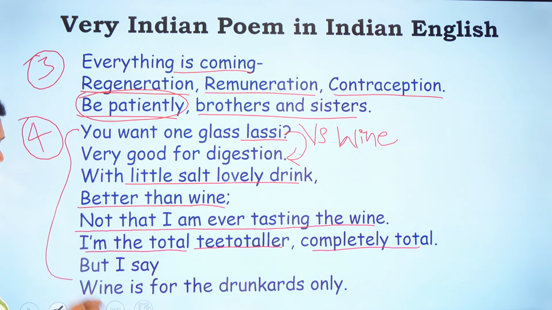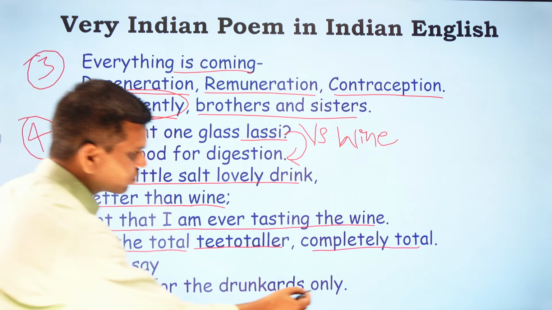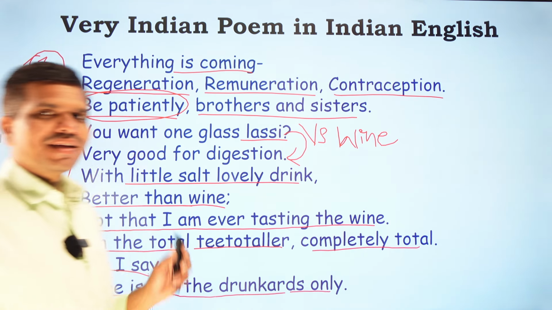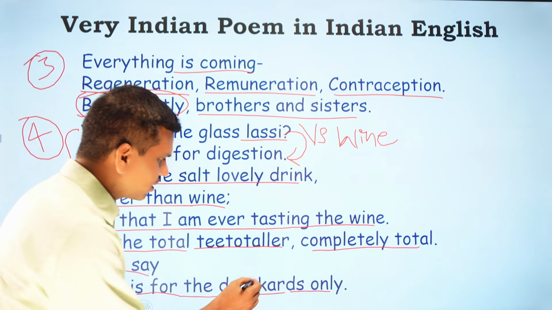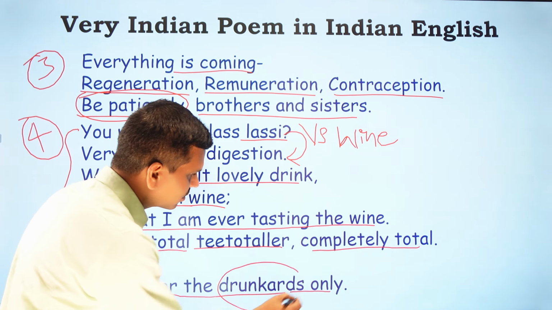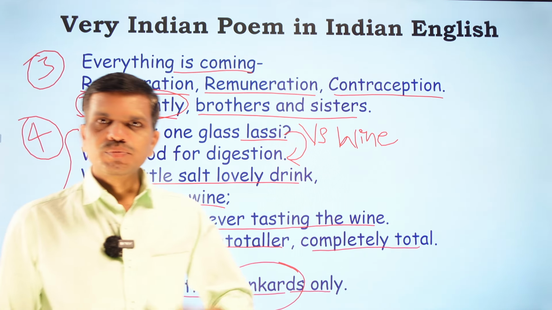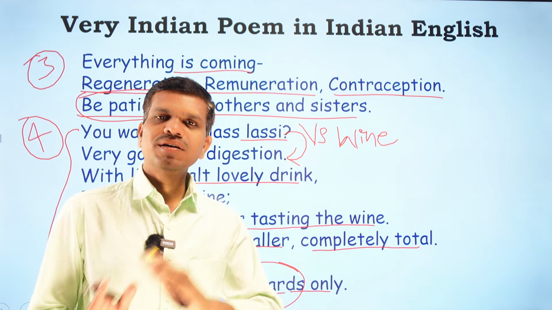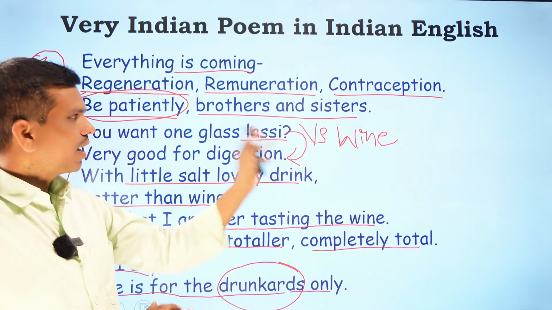But I say, again what he is saying, but I say wine is for the drunkards only. Drinking wine is a bad habit in India, and hence he is emphasizing that the people who drink wine are drunkards, and wine is for drunkards, and for common people we have lassi.